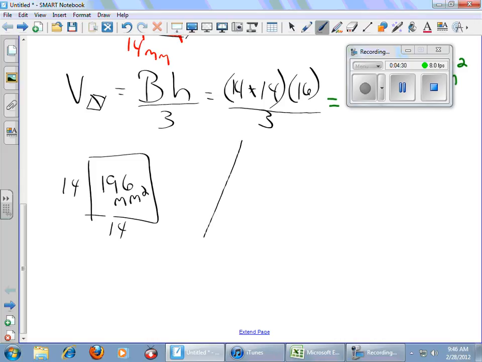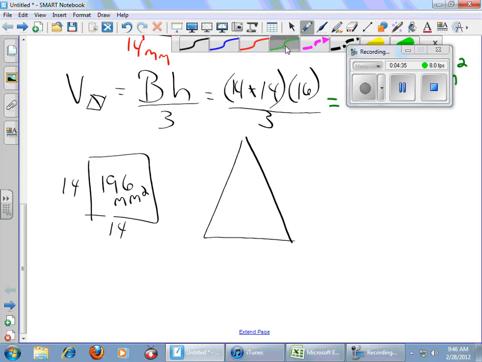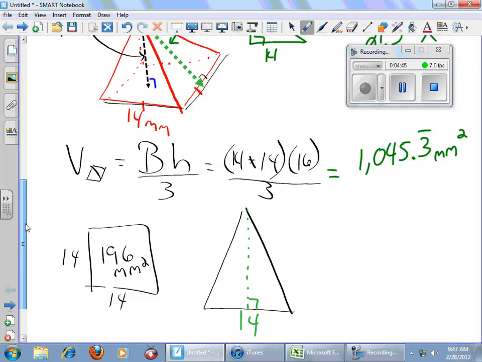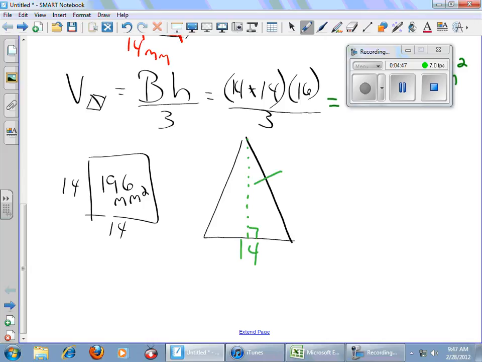I know I have 4 triangles, but all the triangles are congruent to each other. And I know that this side here is 14, and I know that the height is 21.3 millimeters. And the area of a triangle is the base times the height divided by 2.